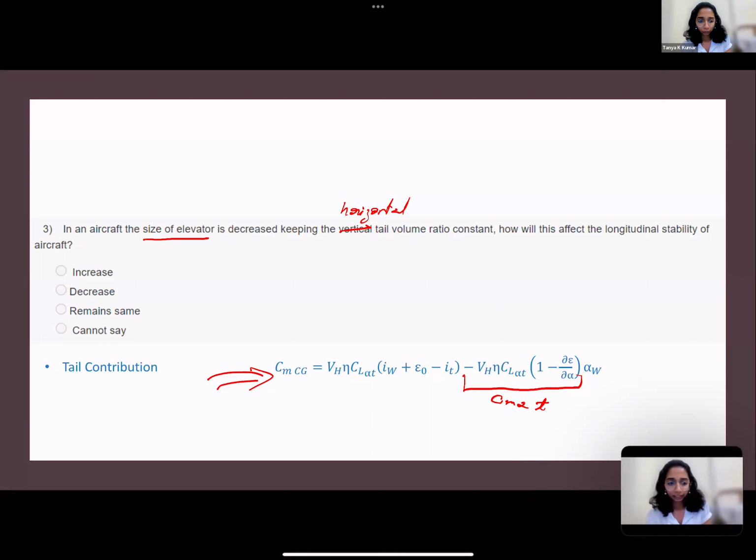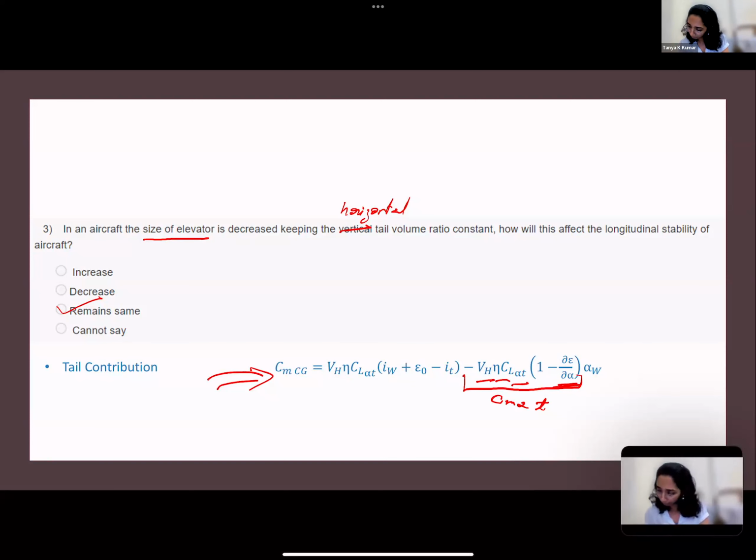So what is the answer to this question? Yes, remains same. Change in the elevator area, change in the deflection of the elevator, change in the shape of the elevator. None of these have any effect on the stability. As long as they said the horizontal tail volume ratio remains the same, the stability remains the same. The only contributors towards stability as far as tail is concerned are VH, eta, CL alpha tail, and the downwash slope. Nothing else contributes towards stability from the side of the tail.